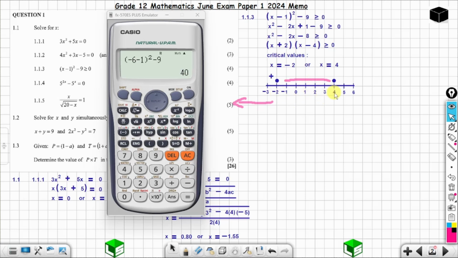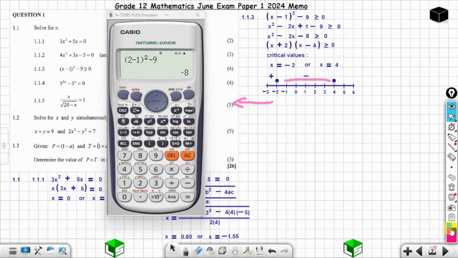So let me use 2. I'm going to plug 2 wherever I have x. This is a negative answer. So we have negative on this interval.